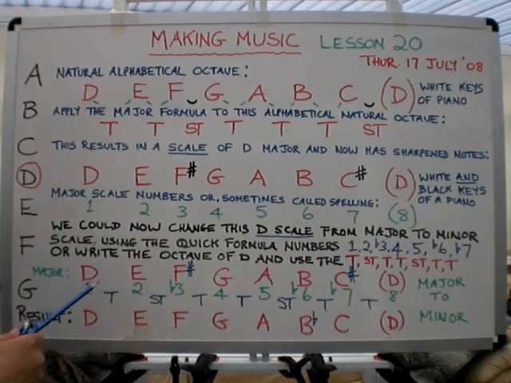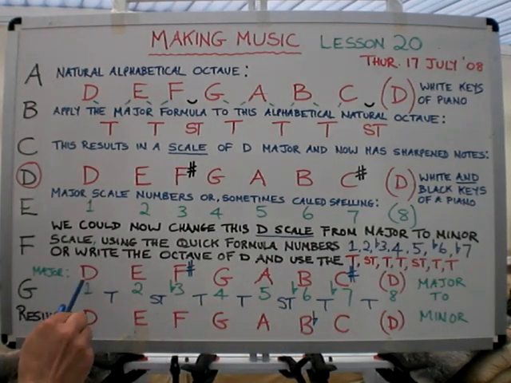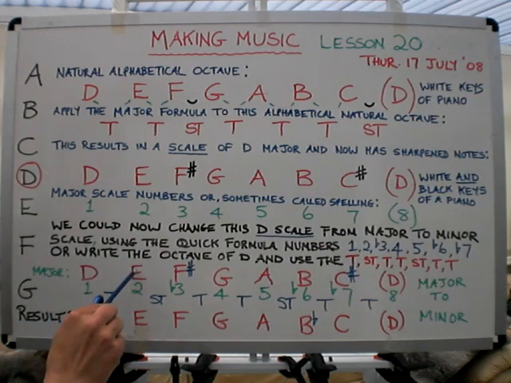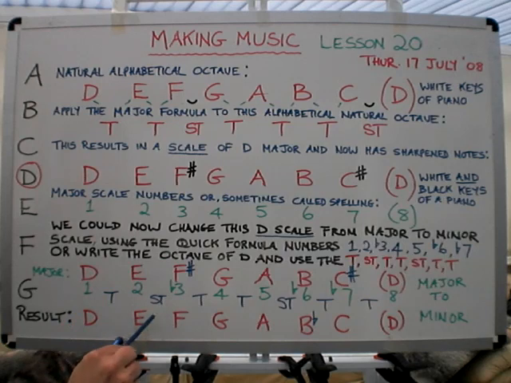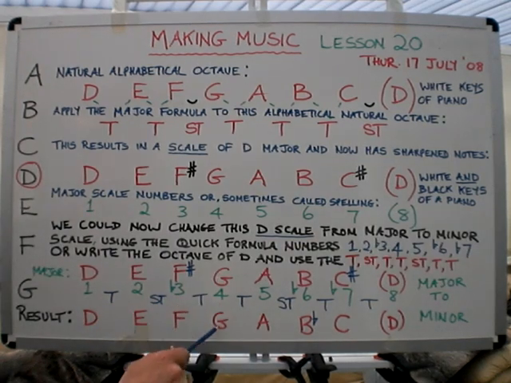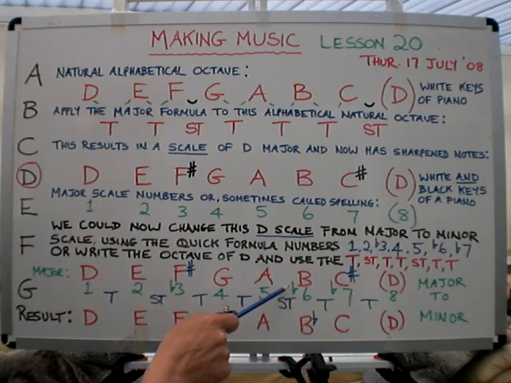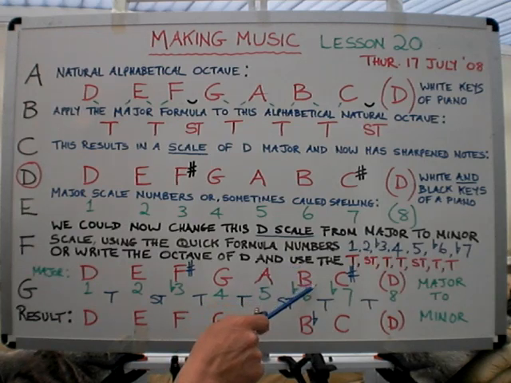So let's see if we do D, 1, so that'll be the same. E is exactly the same. Now we want to flatten the third. It's an F sharp, so if you flatten it, it produces an F. G is the same. A is the same. Now it says flatten sixth, so it's just a B normally.